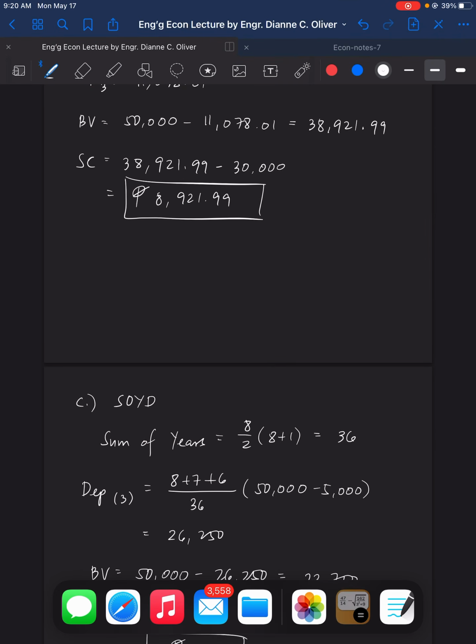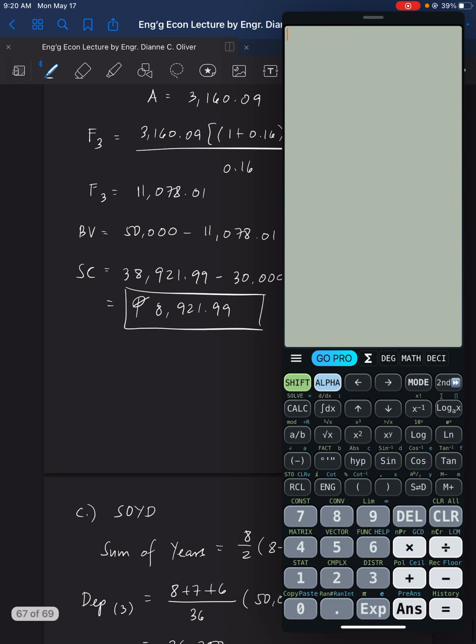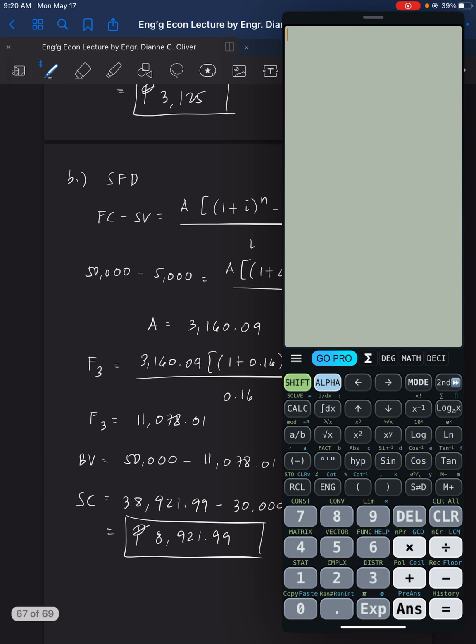So here's the calculator for the sinking fund method.